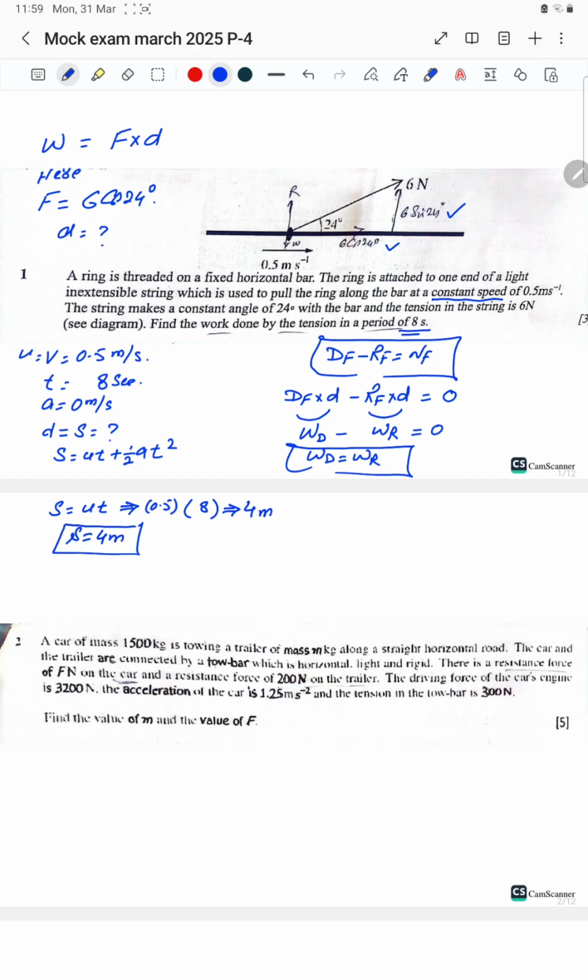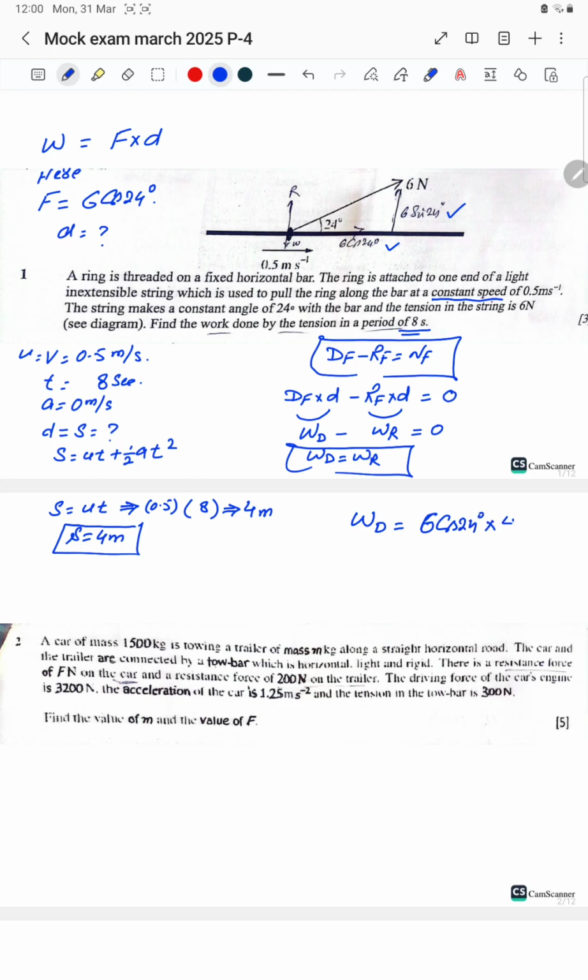Therefore, the work done by driven force is equal to F driven times d, that is 6 cos 24 degrees times d.